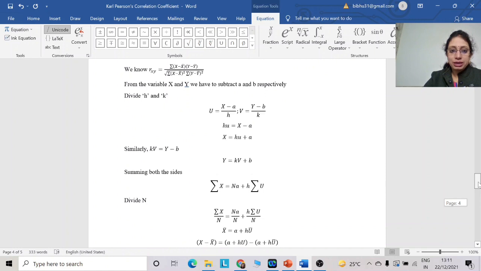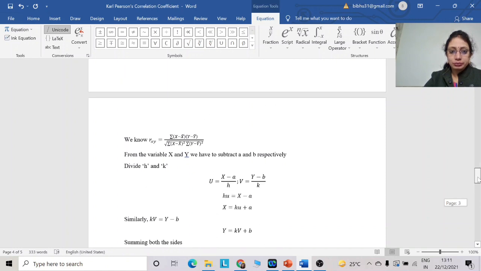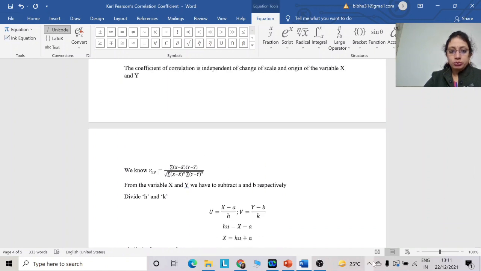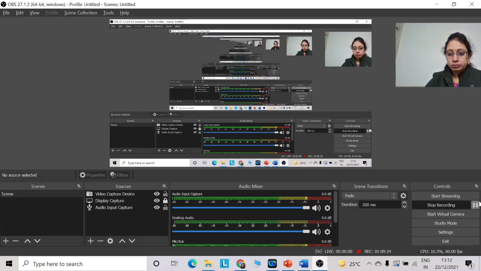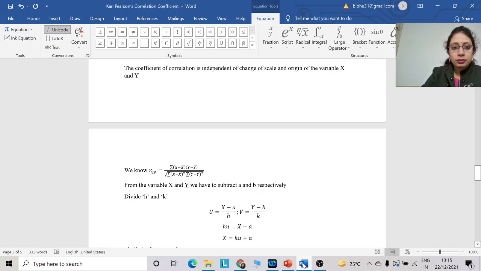Let me tell once again what we discussed here. What are we trying to prove? We are trying to prove the coefficient of correlation is independent of change of origin and scale.